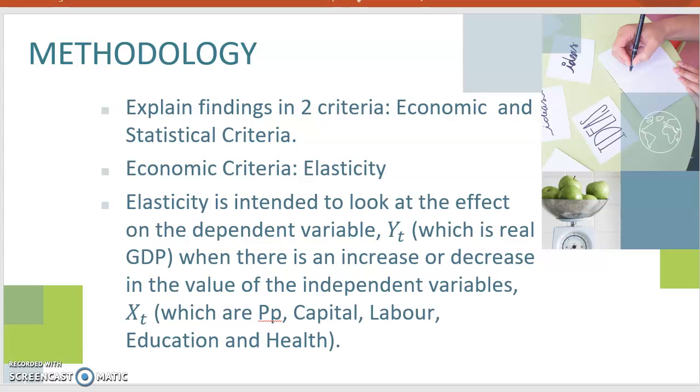You want to see the effect on the dependent variable, that is the real GDP, whether there is an increase or decrease when the value of the independent variables changes, which is based on the 5 variables that I mentioned earlier: population, capital formation, labor, education expenditure, and also health expenditure.